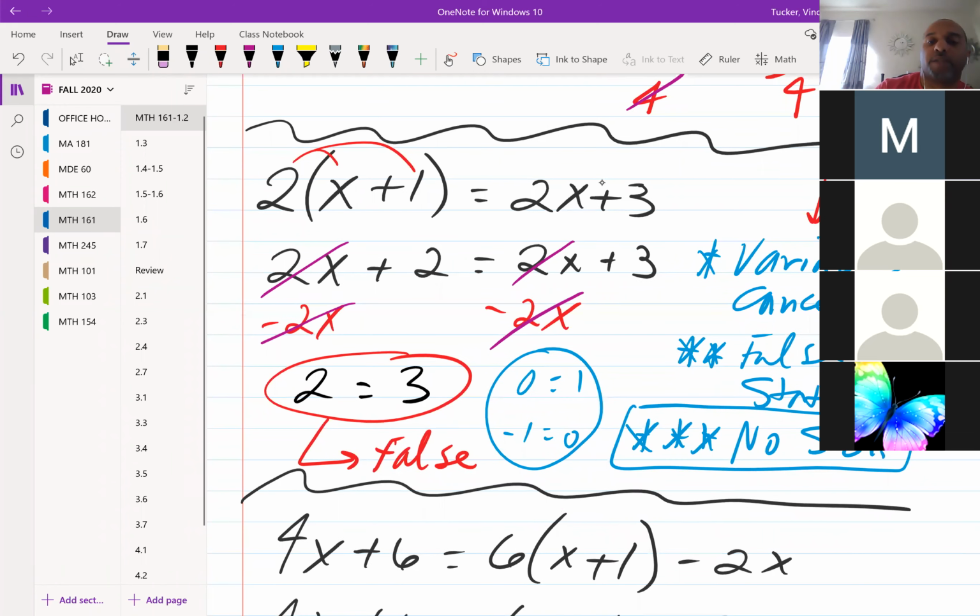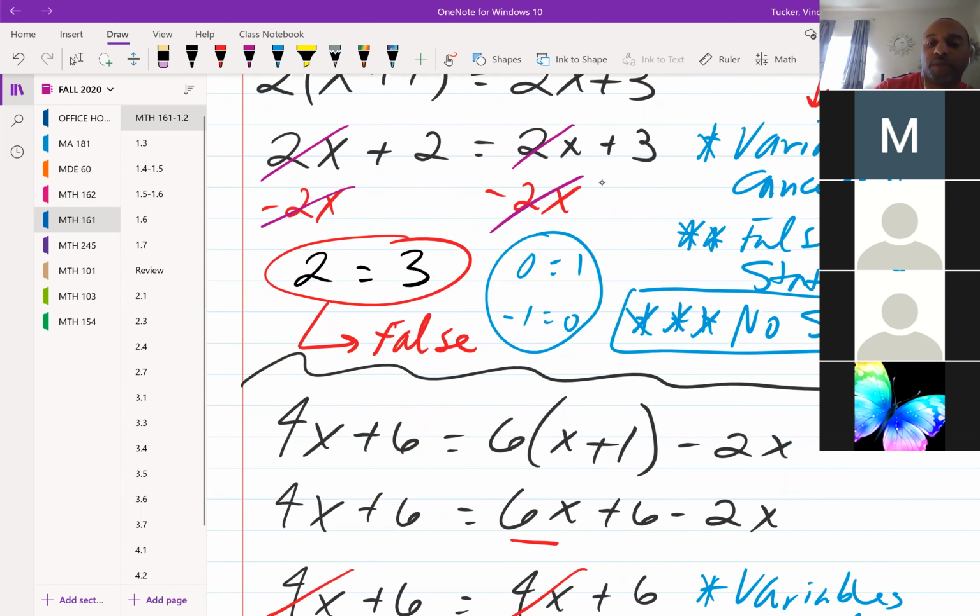All right, looking at the next one, we have a similar scenario. Not exactly the same, but similar. Here we have 4x plus 6 equal to 6 times x plus 1 minus 2x. First thing we'll do is distribute 6.